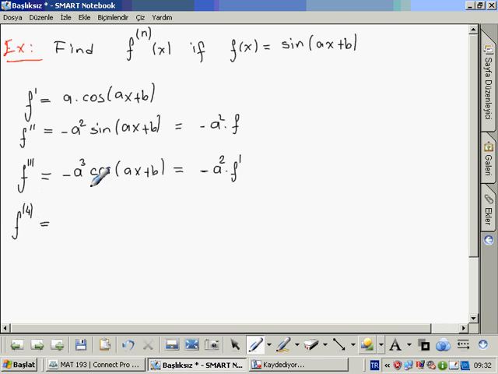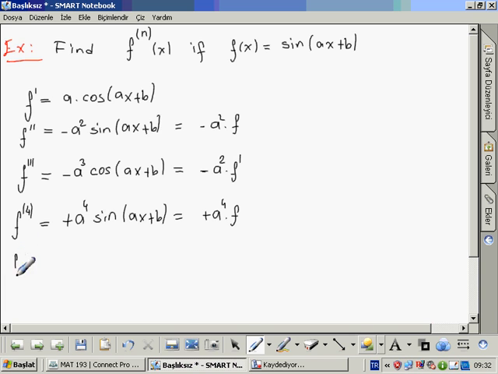And the fourth derivative will be equal to plus a to the power of 4 sine of ax plus b, so it's equal to plus a to the 4 times f.